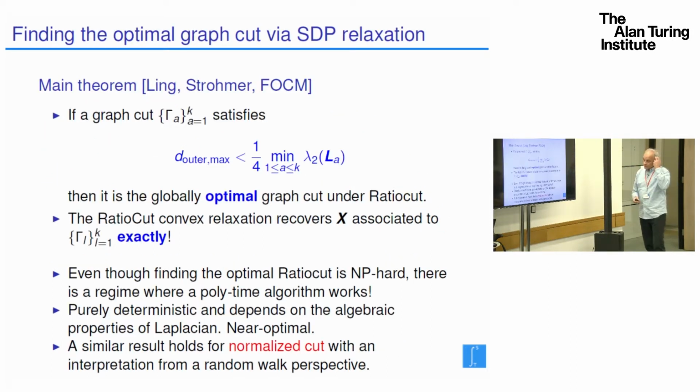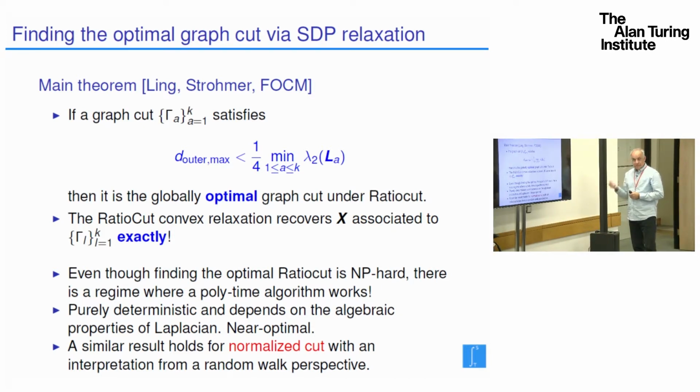Here's the theorem. If this across connectivity is 1/4 the within connectivity, then this SDP problem that we solve will solve the original graph cut problem, the original NP-hard problem. So if this condition is satisfied, the solution that you get is the optimal solution. It is the correct thing.